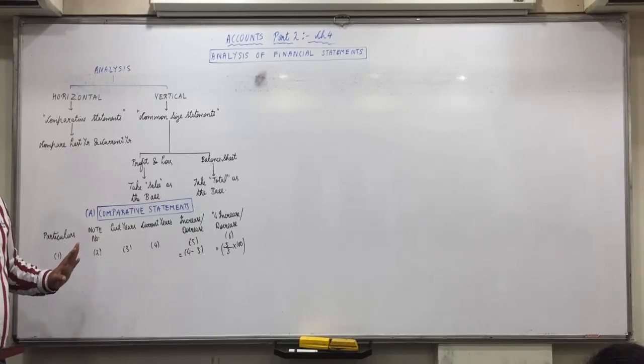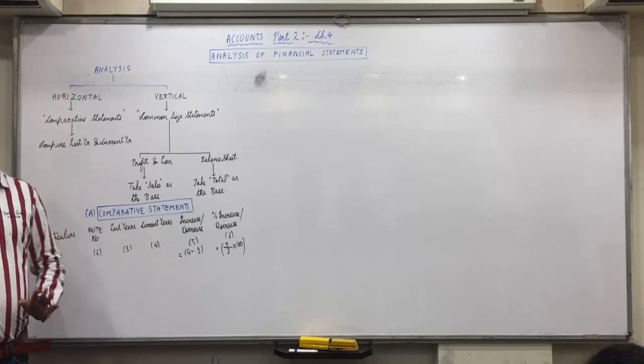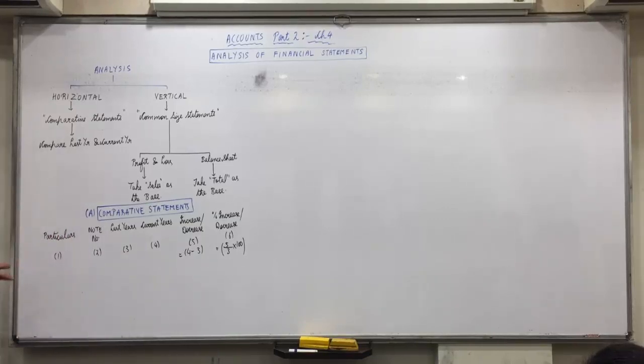Did everyone understand it? The rest of the formats remain the same as the last chapter. The only better part is, in the last chapter we used to write everything, and not given information we used to write as nil. Here you write only that information which is given in the question. Means first of all, in all the questions we have to copy down the question itself in the notebook.